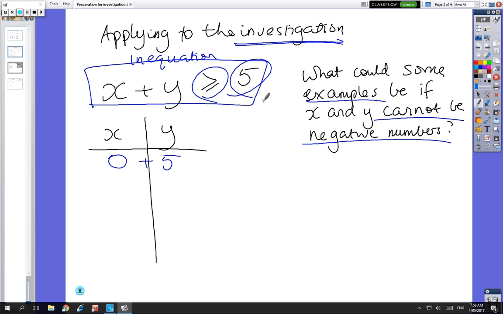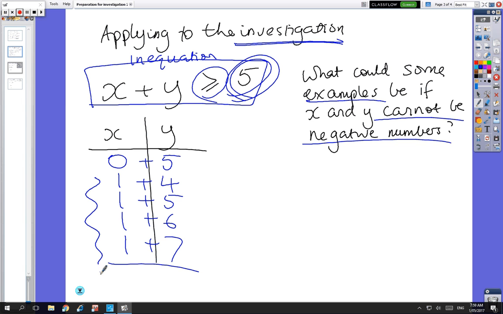So could you think of some other examples for x and y that would fit that? And again, there's an infinite number of solutions, but if you can just play around with some numbers. Okay, so if you're back, for instance, we could have 1, 4, that gives you 5, but 1, 5, 1, 6, 1, 7, all of those numbers, when you add them together, give you a number bigger than 5. So you can see that there'll be an infinite number just for the number 1, and then when you got to 2, there's an infinite number.